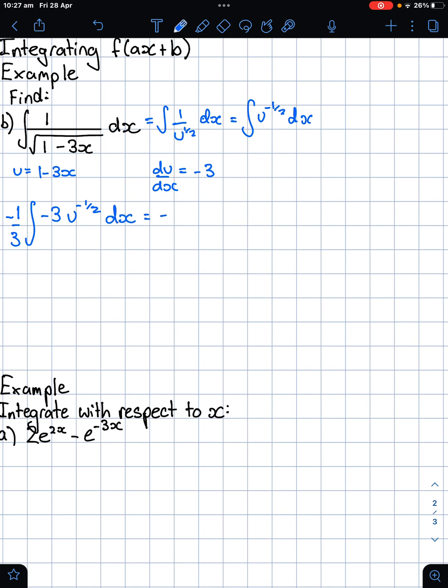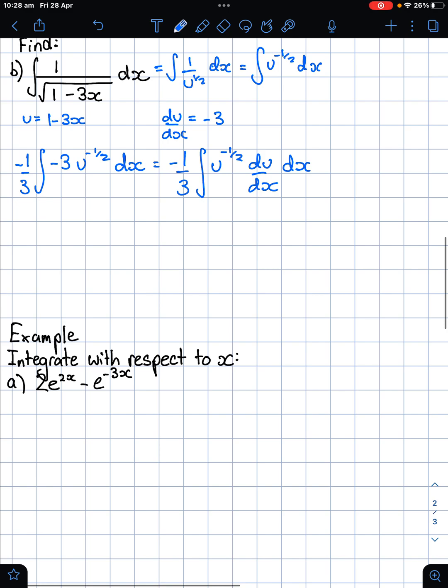Now, next line, I'm going to write -1/3 integral. Now, I'm going to change this -3 out, and I'm going to write this now as u to the -1/2. Instead of this -3 here, we're going to write that as du/dx, and that is with respect to x still, but because we've got dx and dx, they're luckily going to cancel.